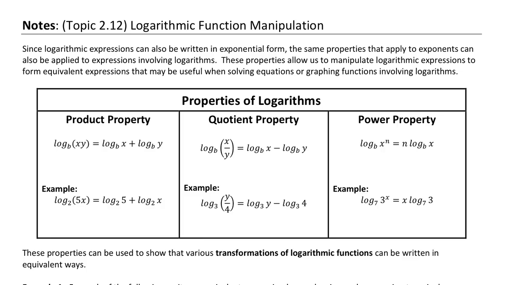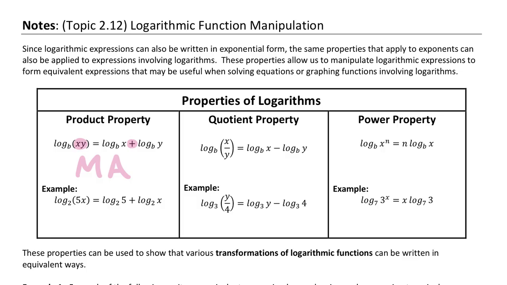The product property for logarithms tells me that if I am multiplying inside one argument, inside one logarithm, I can separate them by adding. And my friends, that's the same rule that we have for bases, for power rules, which means that if we are multiplying, we add those logarithms together.